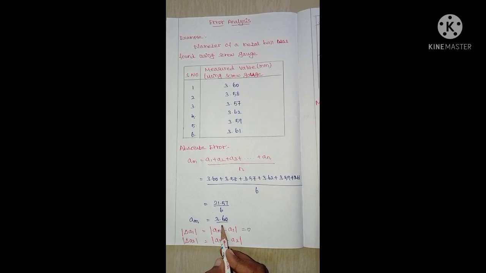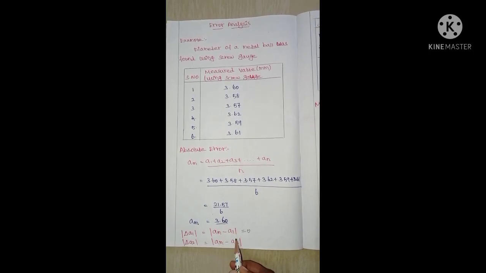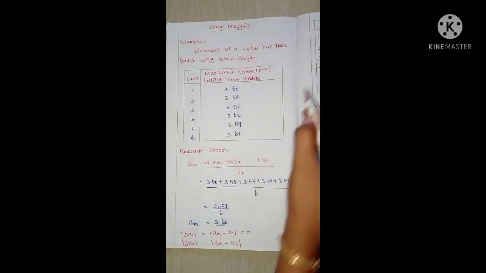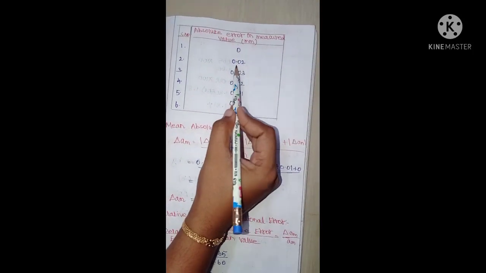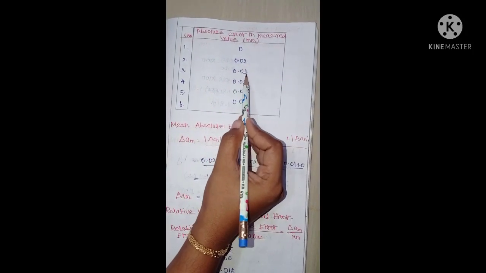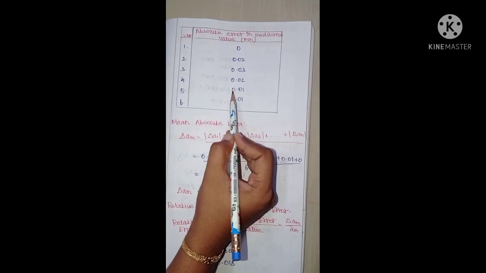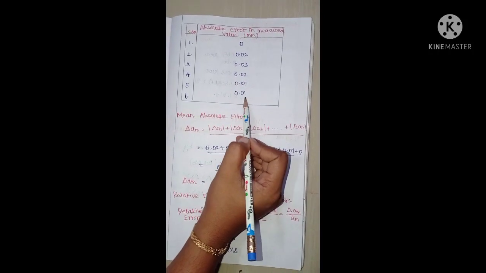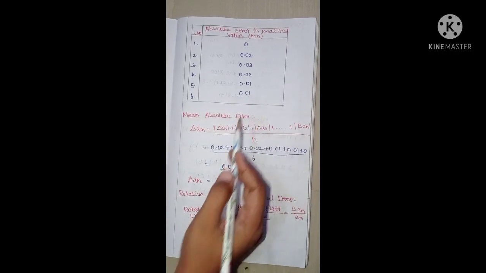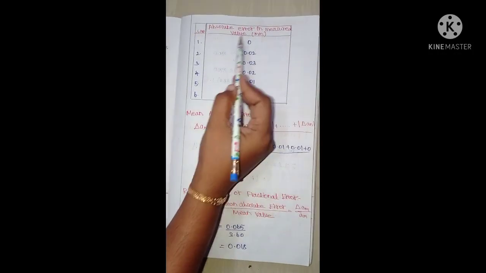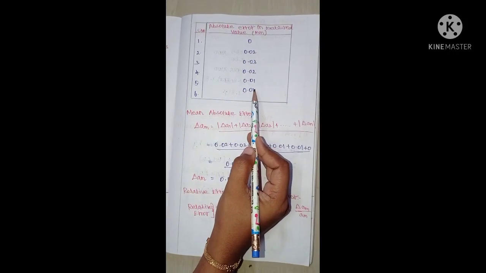By subtracting the values of A1, A2, A3 from AM, we found the absolute error values as 0, 0.02, 0.03, 0.02, 0.01, 0.01 for the 6 measured values respectively. These values are the absolute errors for the measured values.